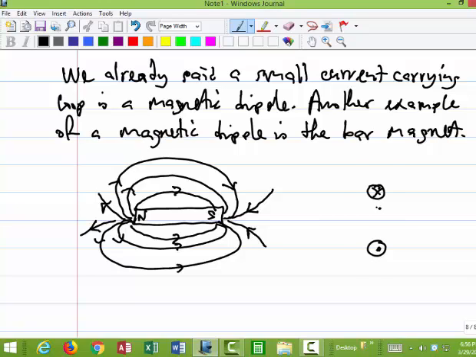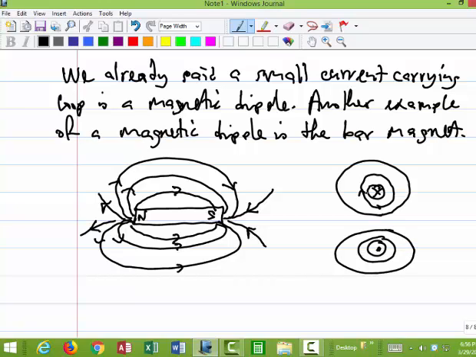At the bottom, just like how we drew it at first, we're going to have something like this, and then it's coming in at the back. So the loop is just like the bar magnet, the same sort of field pattern, as you can see.